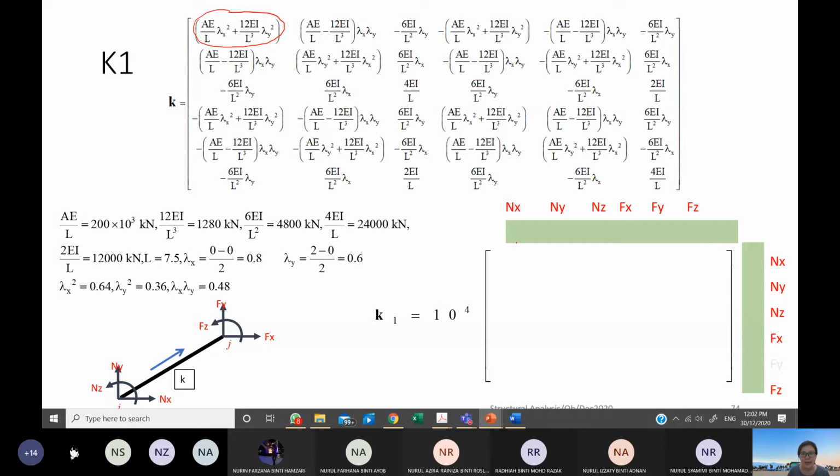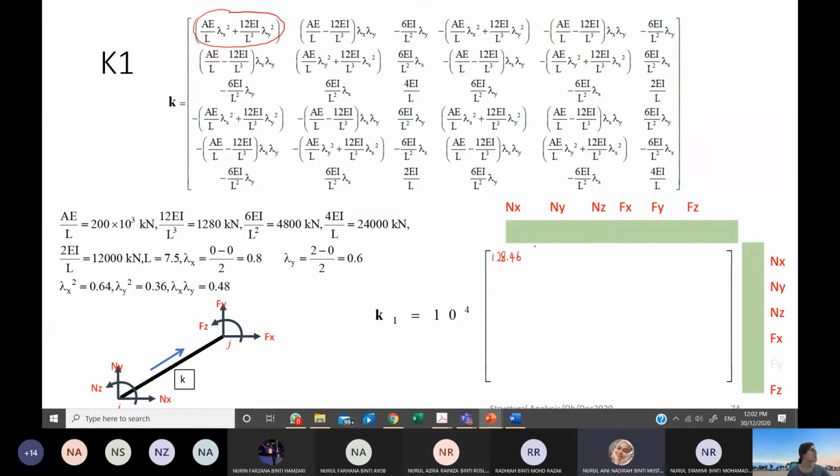Can you help? What is the value for this? One, two, eight, four, six. 128.46.